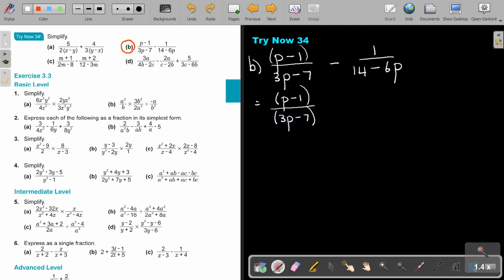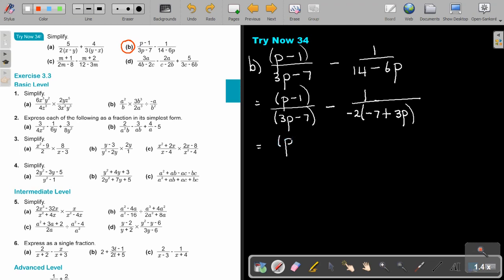It's already simple. Okay, I'm going to do it. So it's 1 over, but if you take negative 2 out as a common factor, it's going to be 14 divided by negative 7, negative, positive 3P. Did you see? Now I'm going to just rearrange.